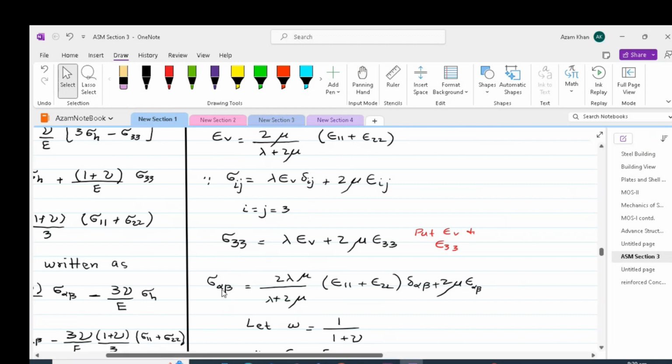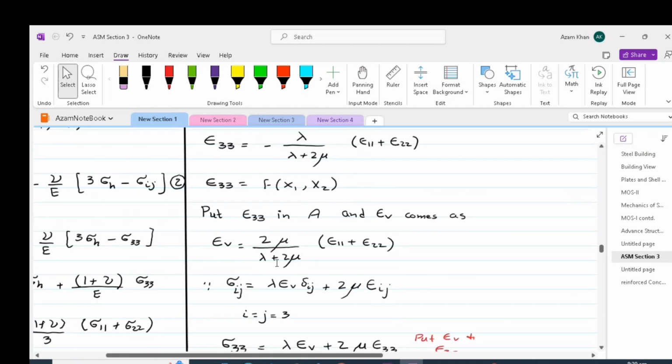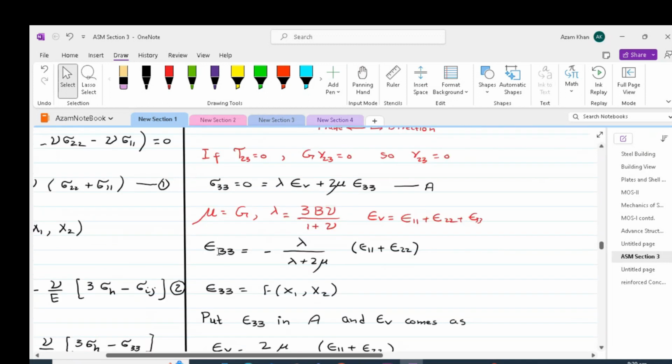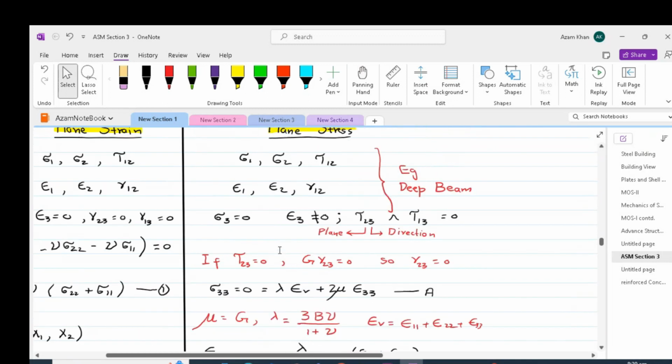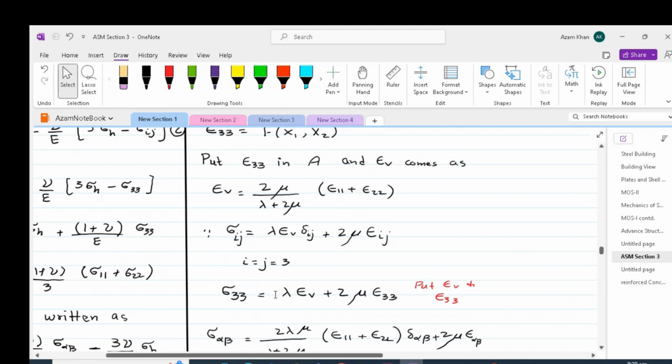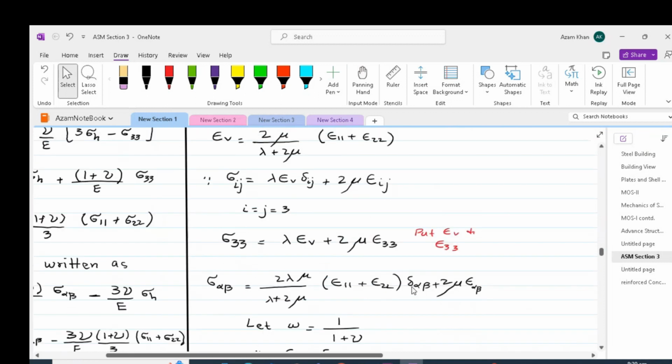So σαβ is equal to 2λμ divided by λ plus 2μ, in small bracket ε11 plus ε22, times δαβ, plus 2μ εαβ. So we have plugged in the εv value, which was worked out from the stress σ33 equal to 0 in equation A.